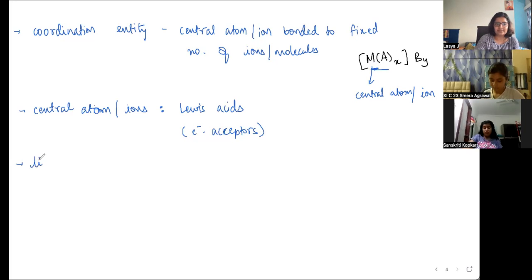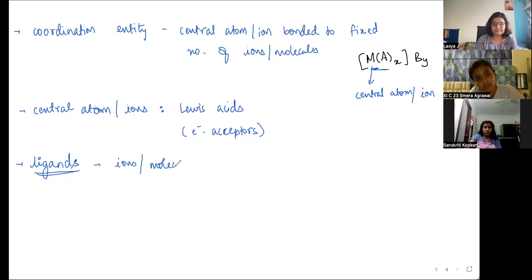Next one, this is very, very important. From now onwards, we'll be using this word only: ligands. Every time I say anions, neutral molecules or electron-rich species bonded to the central atom, we call them ligands. So ligands are ions or molecules that are bound to the central atom or ion.